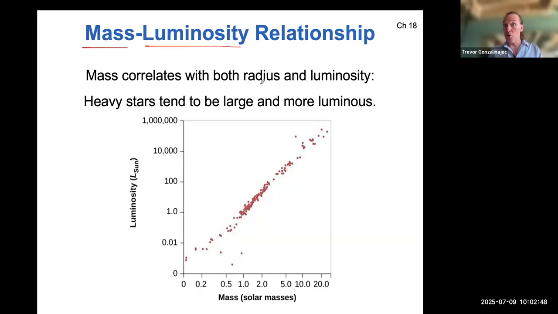A correlation between radius and luminosity, okay? And then also there's going to be a correlation between mass and luminosity because we can relate it back to size, and heavy stars tend to be larger. So if there's a radius luminosity relationship, then we can also end up with a relationship between mass and luminosity. Interestingly, I wasn't even thinking of this, that mass correlates with both radius and luminosity.